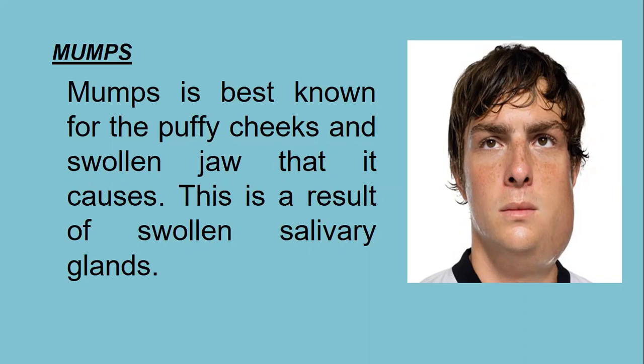Actually, our salivary glands, also known as exocrine glands, produce saliva through a system of ducts. So we humans have three paired salivary glands. These are called parotid salivary glands, submandibular salivary glands, and sublingual salivary glands.